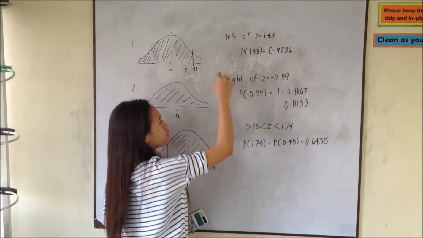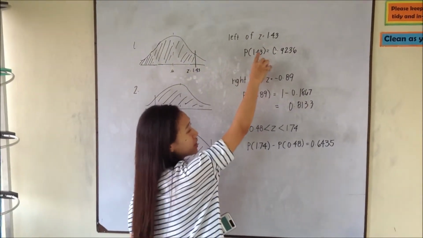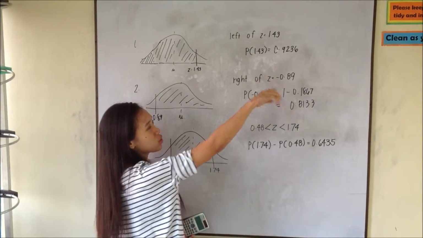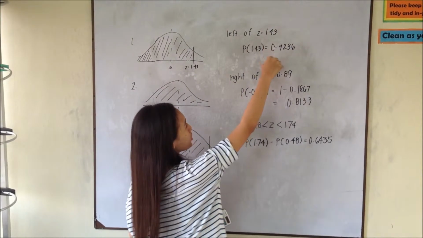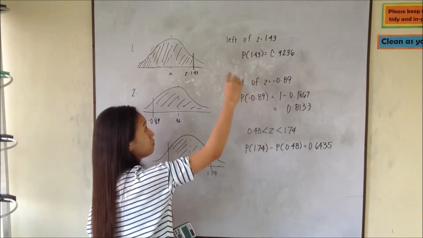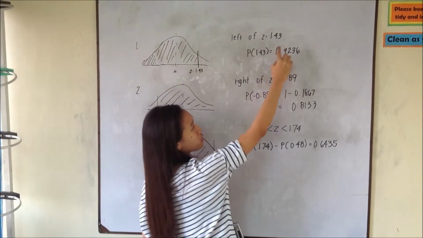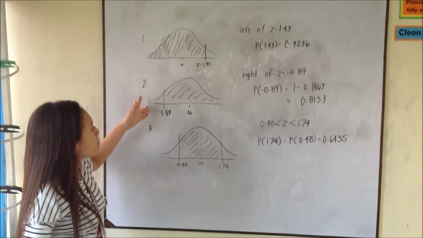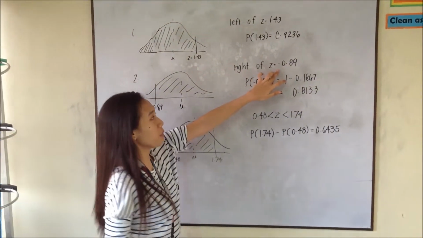Tapos, yung hundredths place naman na digit, yung pa horizontal. So, kung makikita nyo sa table nyo, ang area ng 1.43 to the left is equal to 0.9236.